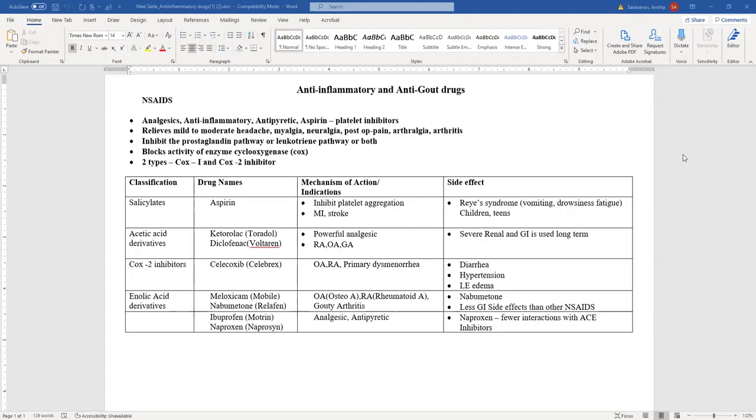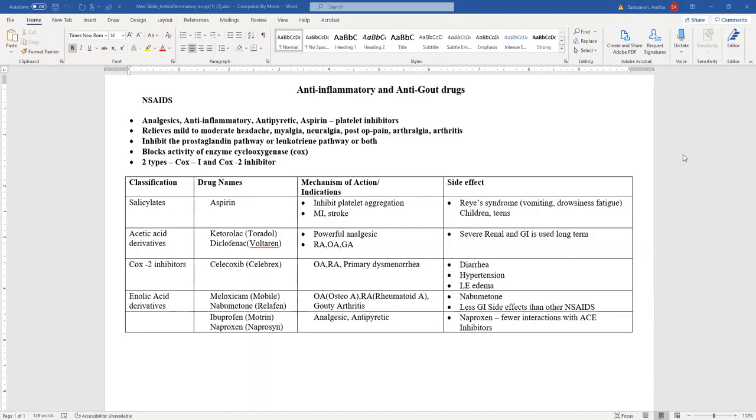However, there are several side effects for some patients, particularly when they're given this. They could have heart or renal problems, or lower extremity edema. Diarrhea is a GI side effect, right? Hypertension too, because these COX-2 enzymes can also work on the blood vessels, the smooth muscles.